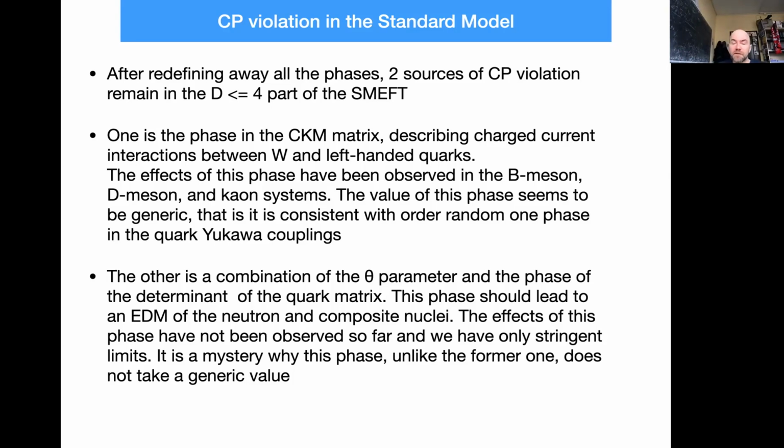On the other hand, there is a combination of the theta parameter and the phase of the determinant of the quark mass matrix that is an observable. This phase should lead to an EDM of the neutron and some nuclei. The effects of this phase have not been observed so far, and this is a big mystery.